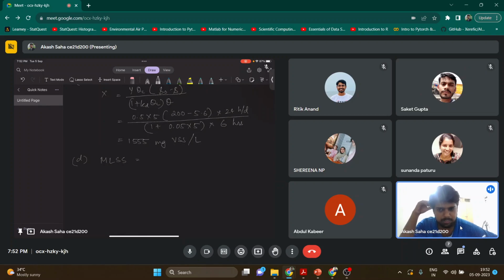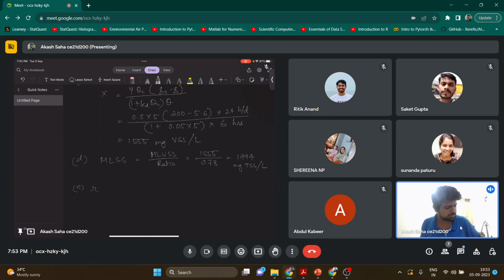The VSS to TSS ratio is 0.78. So what will be my MLSS? It will be simply MLVSS divided by my ratio. So it is 1,555 divided by 0.78. That is 1994 mg TSS per liter.